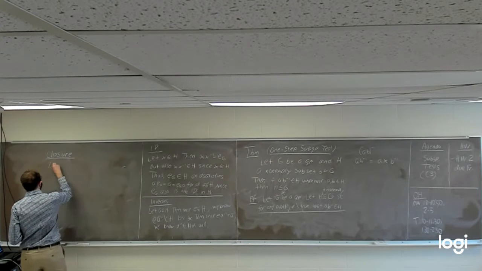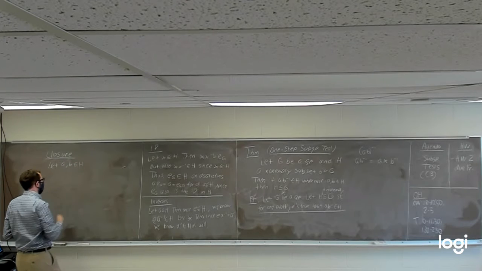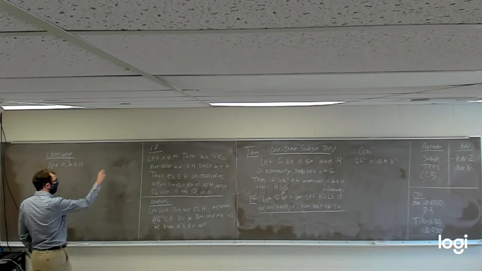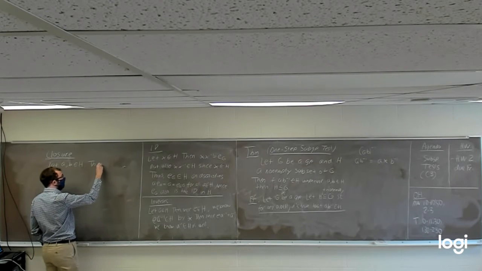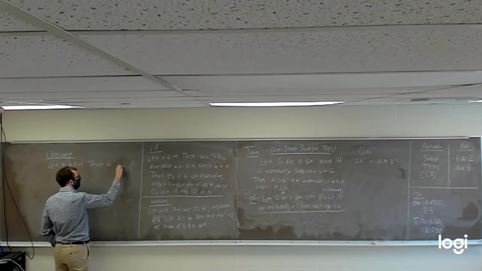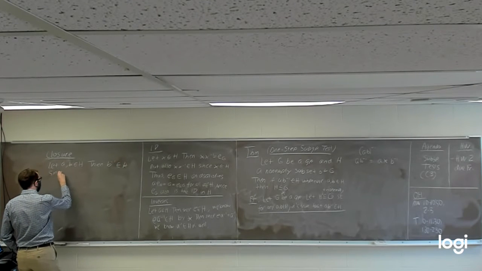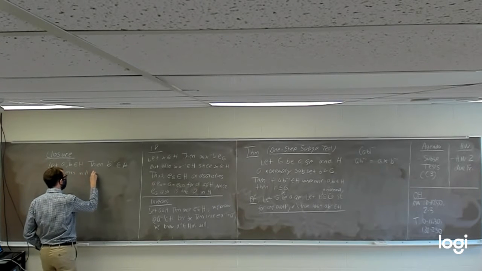So now I'm going to let A and B be elements of H. Using what we've shown about inverses, I claim that tells us that B inverse is in H, since elements in H all have inverses in H.